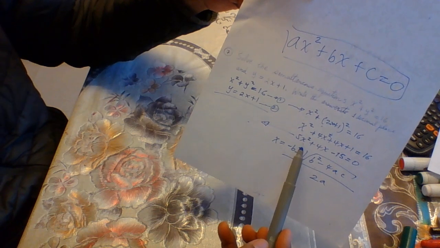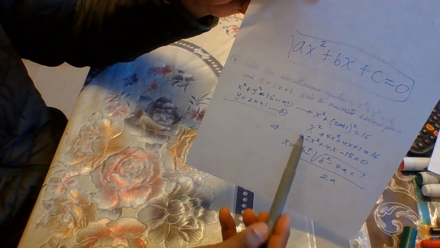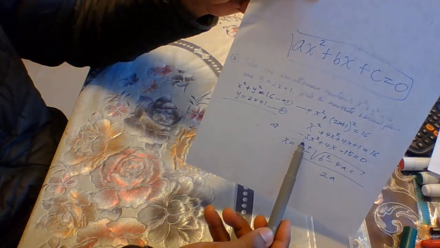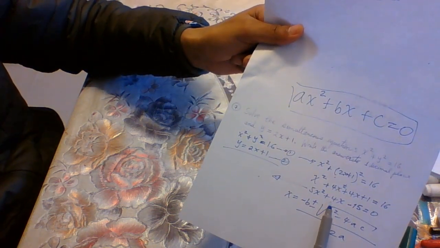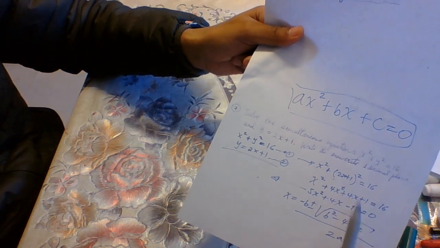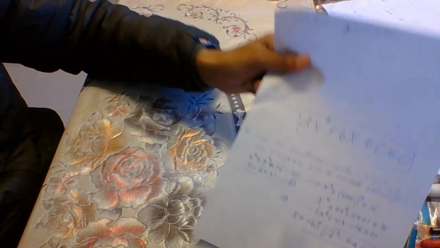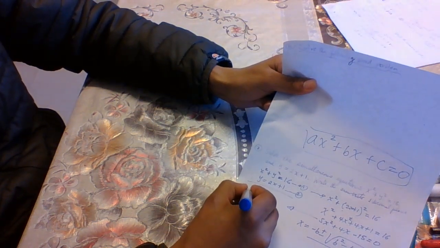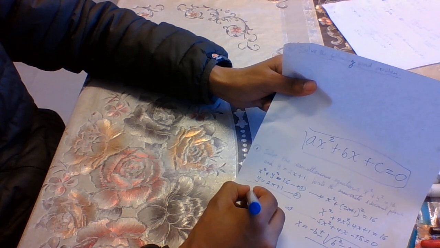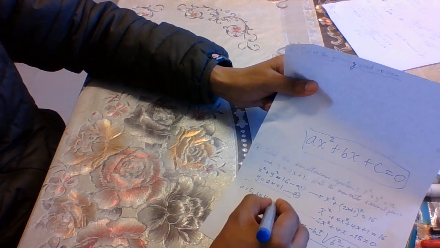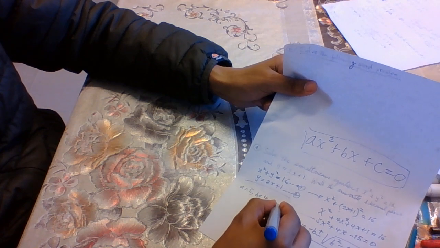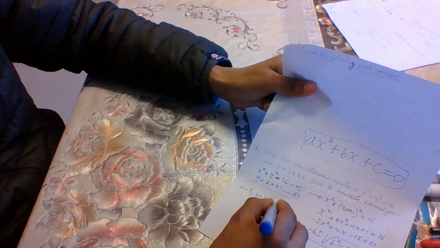As you can see, the value of a in this case is 5, the value of b is 4, and the value of c is minus 15. So a is 5, b is 4, and c is minus 15.